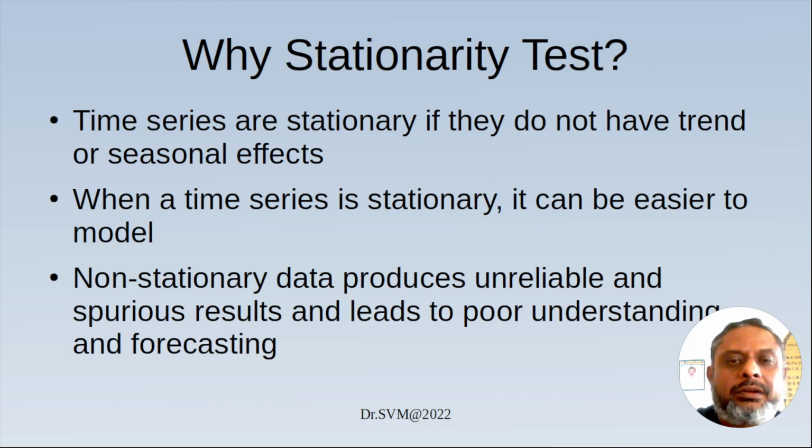So why do we need to do this stationarity test? A time series is stationary if it does not have any trend or seasonal effects. When a time series is stationary, it is easier to model. Non-stationary data produces unreliable and spurious results and leads to poor understanding and hence poor forecasting.